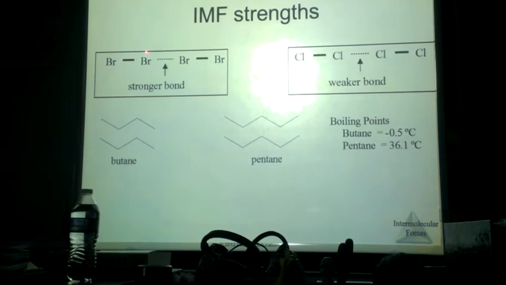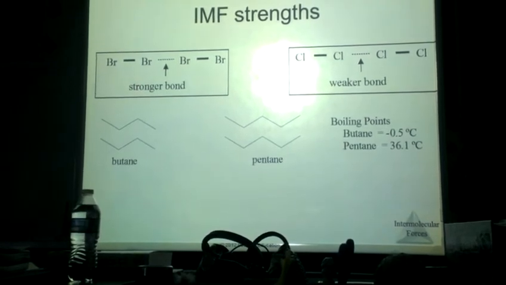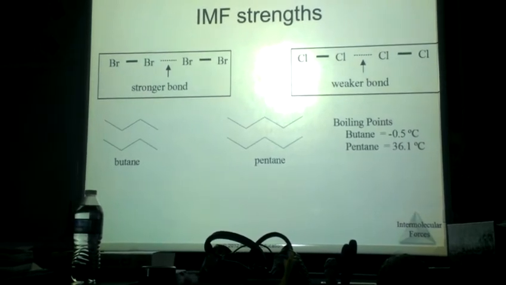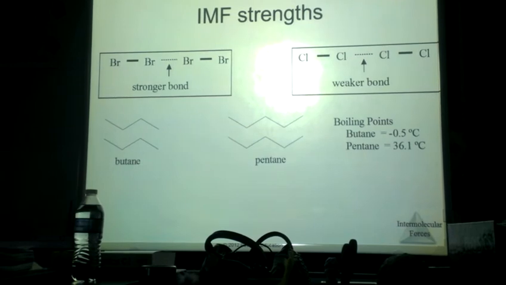If I'm comparing the polarizability, or the strength of intermolecular forces, in bromine and chlorine, because they're both diatomics, the main intermolecular force between those molecules would be London dispersion forces. The intermolecular force between bromine molecules is going to be stronger than the one between chlorine molecules.